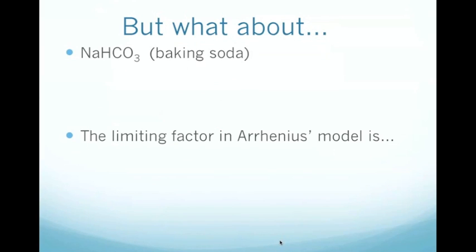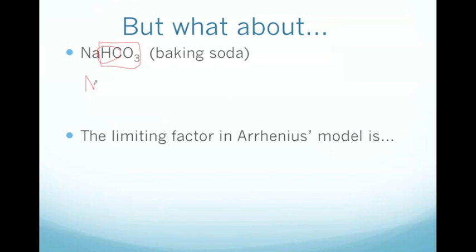A second one that I really want you to think about is, what about baking soda? Okay, baking soda is NaHCO3, okay? That's sodium bicarbonate. And what we can see is, can we pull off an H plus easily? No. Okay, actually this H right here is part of a polyatomic ion that actually has a negative charge.